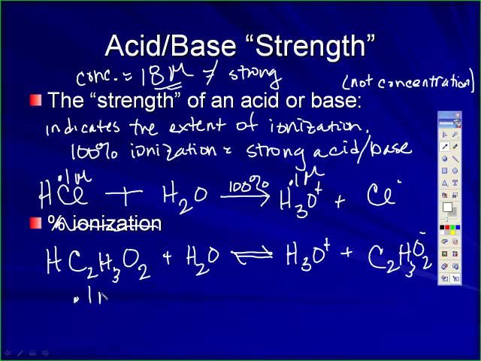If this is 0.1 molar, this is going to be some amount less. This is going to be some amount X. We don't know what that is. And it's definitely going to be less than 0.1 molar. It's going to be a small amount. The ionization is going to make it so that we don't really make a whole lot of that.